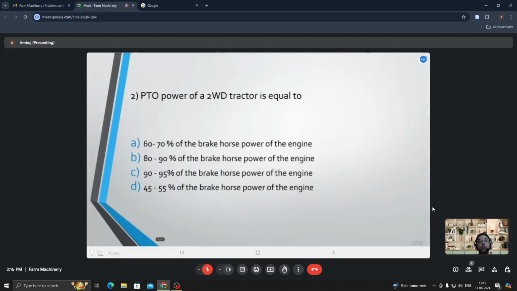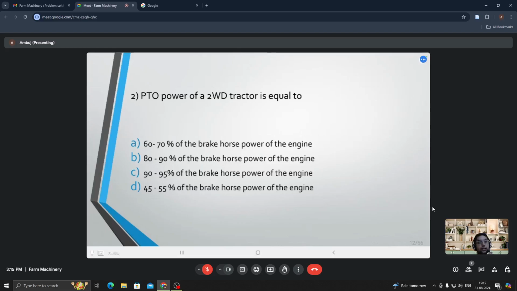Coming to the next question: PTO power of a two-wheel drive tractor is equal to 60 to 70% of the bhp, brake horsepower, of the engine; 80 to 90% of the bhp; 90 to 95% of the bhp; or 45 to 55% of the bhp.